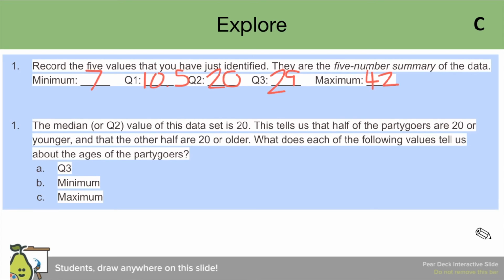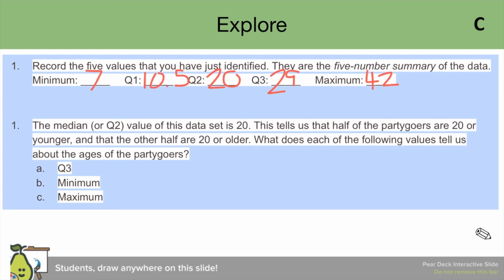To continue synthesizing the activity, you can also ask students, why are Q1 called 25th percentile, Q2 50th percentile, and Q3 75th percentile? A sample response would be each quartile tells us how many quarters of the ordered data values are accounted for up to that point.